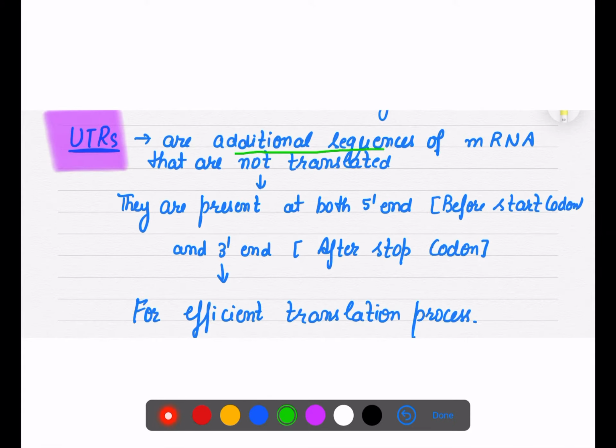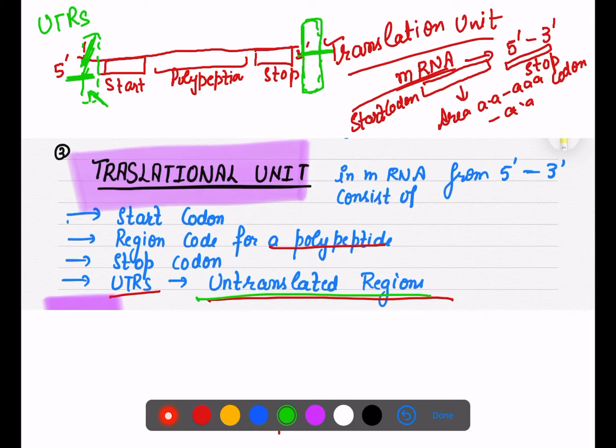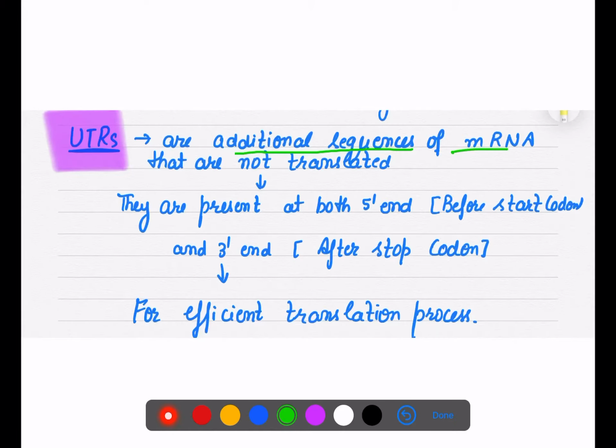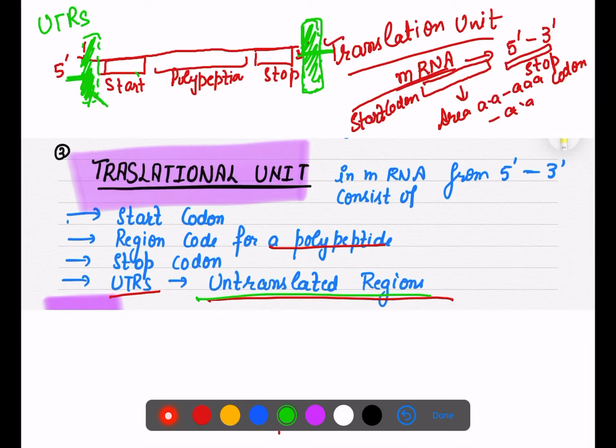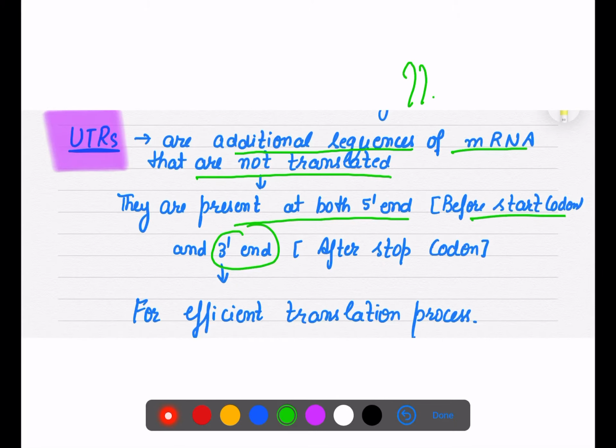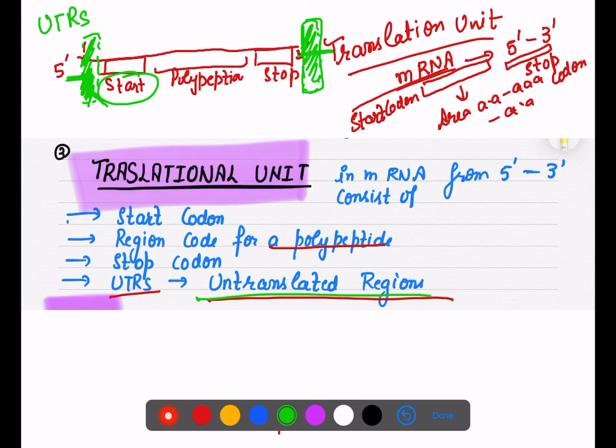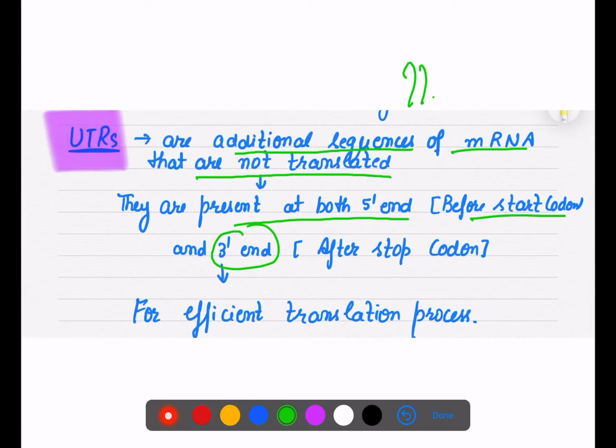These are additional sequences of mRNA which are not going to be translated. Why are they present? They are present at both the 5' end, before the start codon, and the 3' end, after the stop codon.